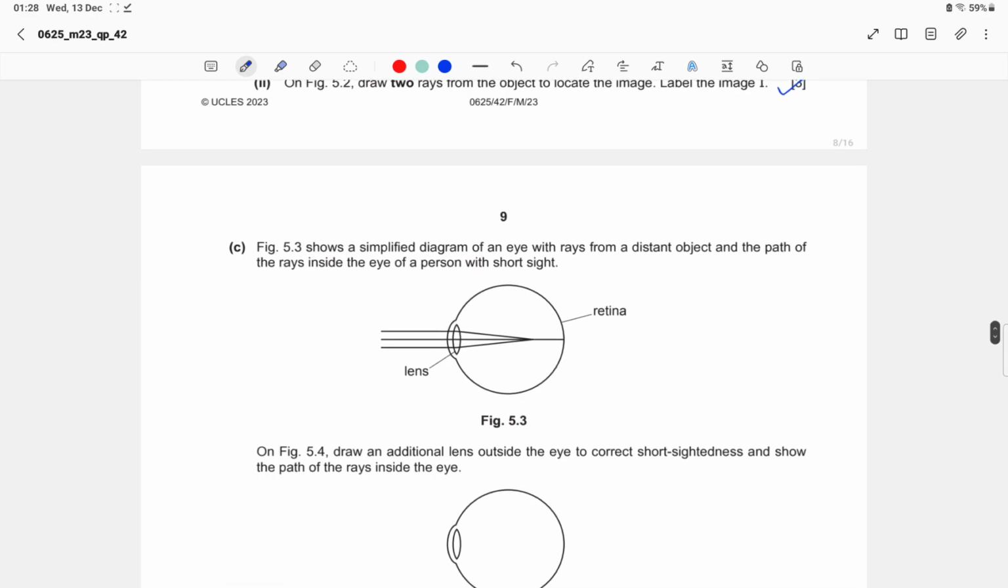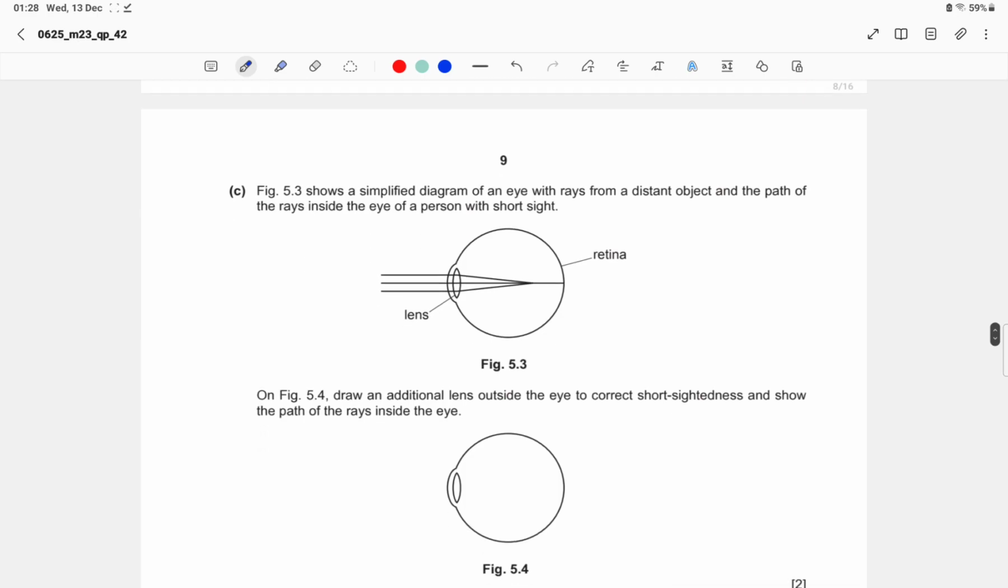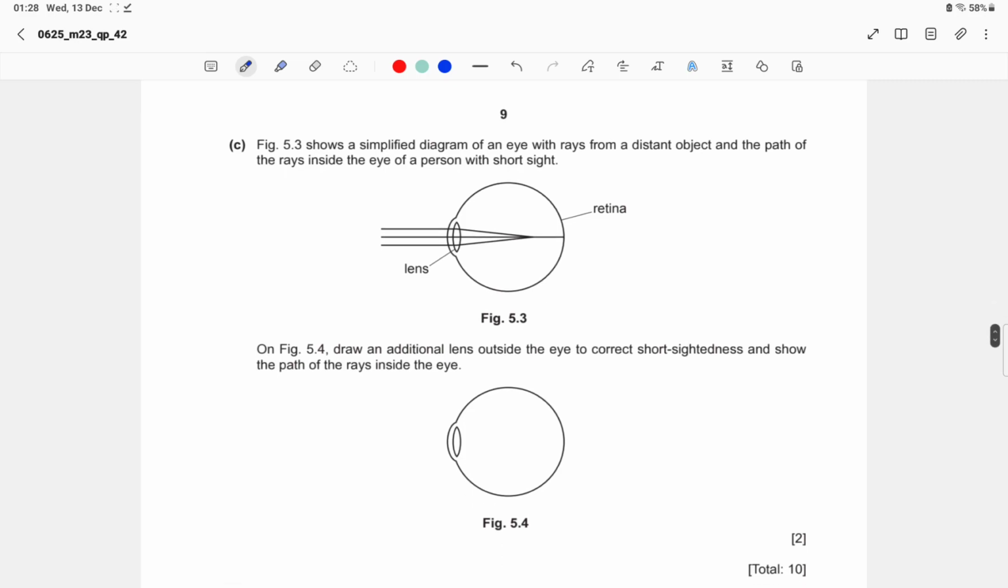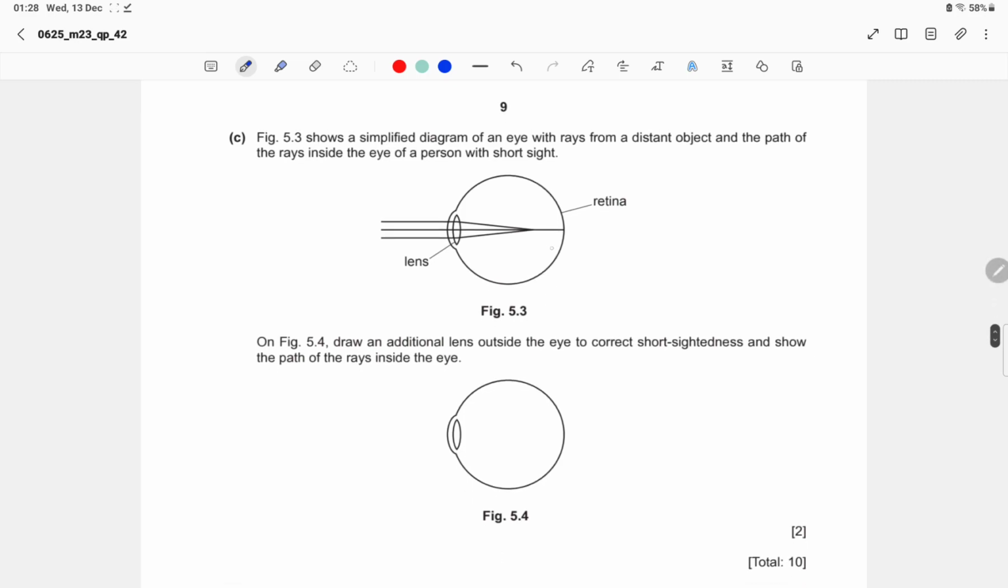It states a simplified diagram of the human eye with the ray from a distant object, and the path inside is like this. So basically the image is formed before the retina, but it should be formed on the retina.